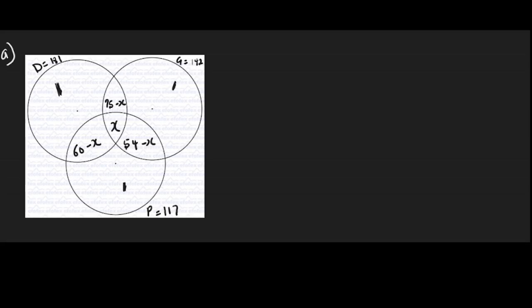So to get that, we'll consider this case. To get Daily Times only, we are going to have 181 minus, we'll consider the circle for Daily Times, 75 minus x plus 60 minus x.